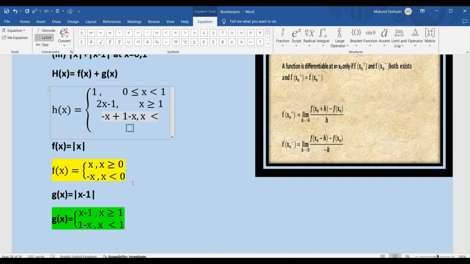And x lesser than 0, right? Are we done? Let's review this once again. When I go x less than 0, my f of x takes a value minus x, but my g of x, I don't have to really worry because for all numbers in the negative domain, I have my g of x taking the value 1 minus x for x lesser than 1, as represented by the second portion of g of x, right?